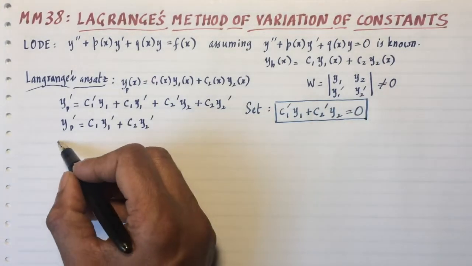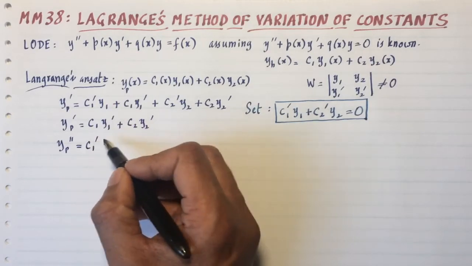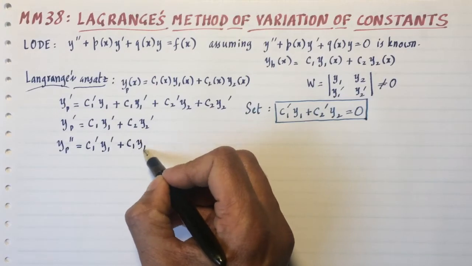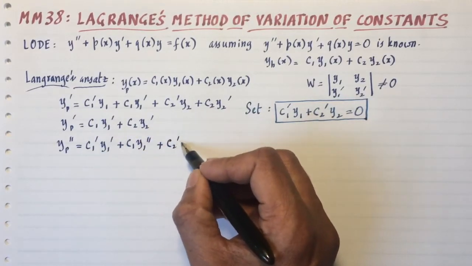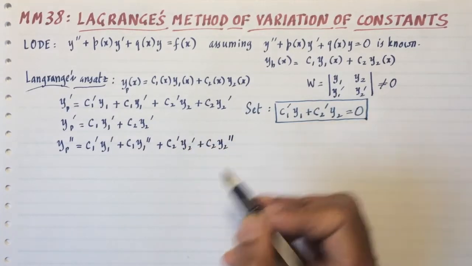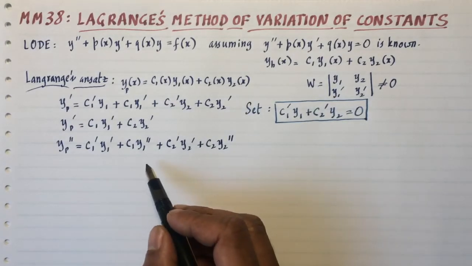Now we'll differentiate it again. Yp double prime is equal to, playing the Leibniz rule game, on that first term, and now on the second term. Now at this point you notice that I can use the homogeneous equation.